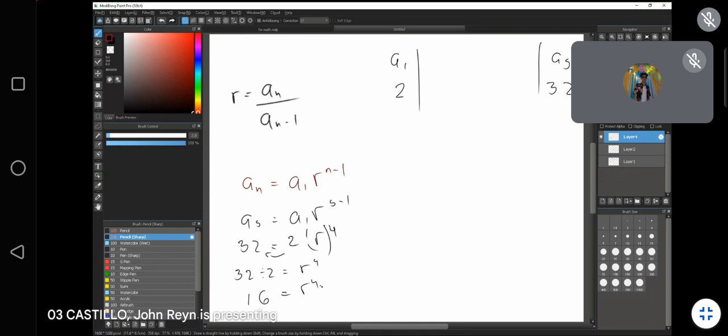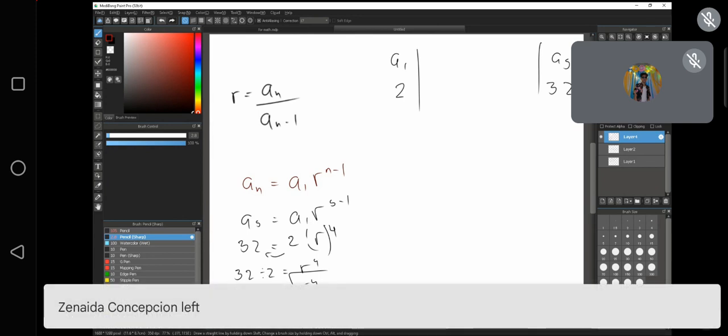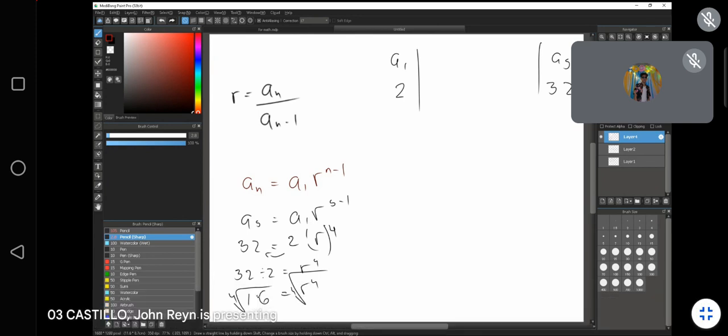So, we want to remove the 4 first. So, we can square root this by 4. So, we now have to find which uses 4 to 16. So, we can use first the common number. So, let's use 2. 2, 2, 4, 8, 16.